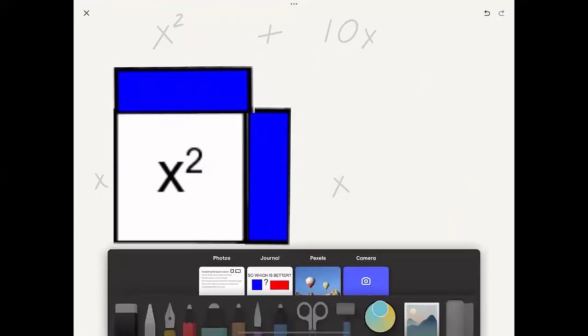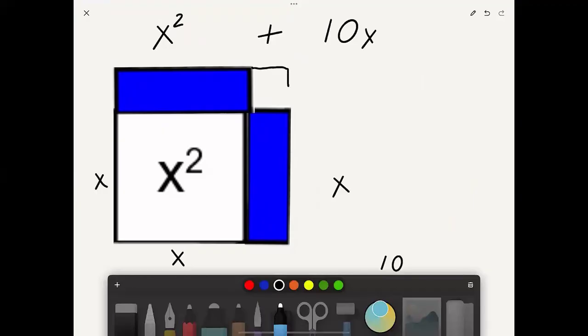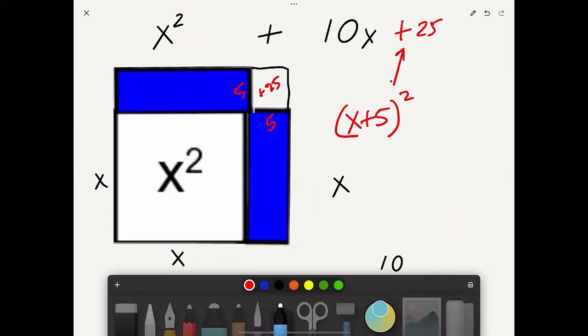And you're always going to have this one little part that you have to add in order to complete and make it an actual square. So x plus 5 squared is equal to x squared plus 10x plus 25. These two are the same thing. And now once you have that, it's just a matter of solving because we've got a square.